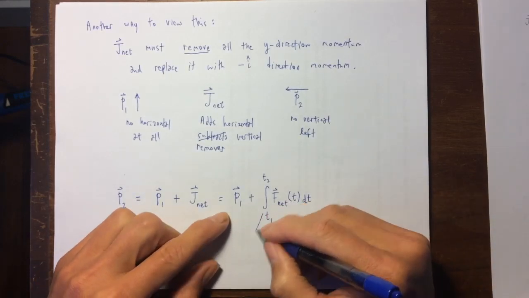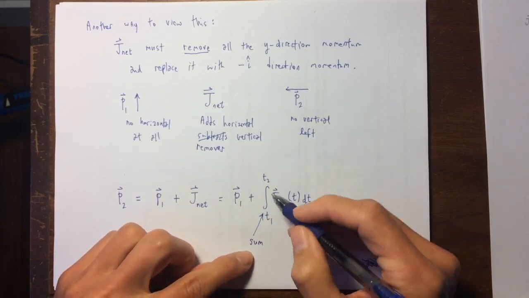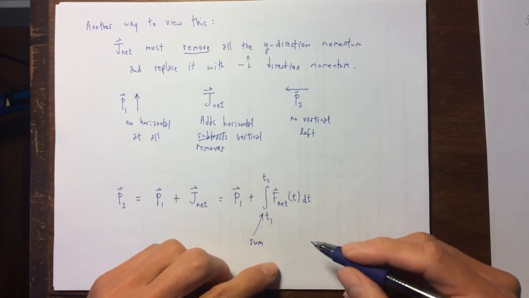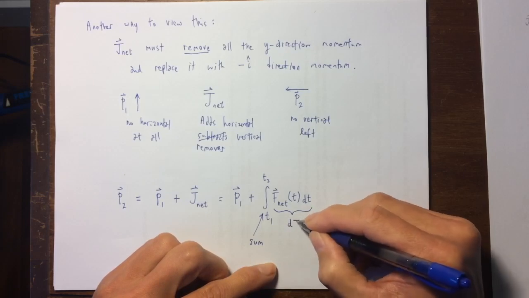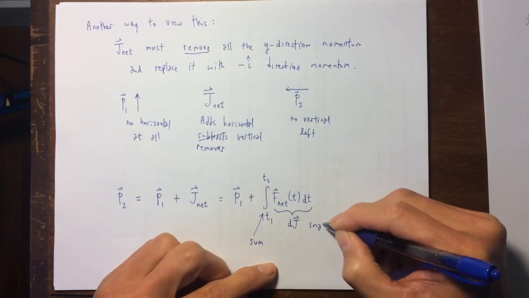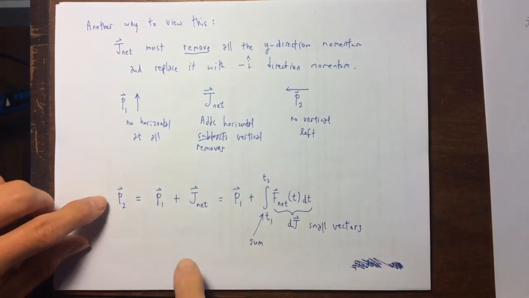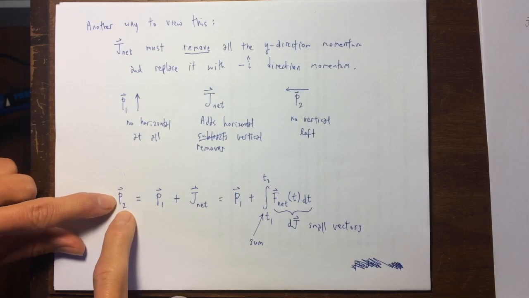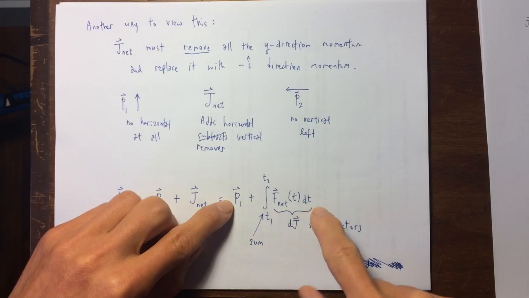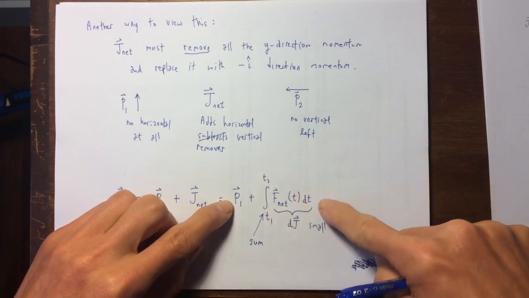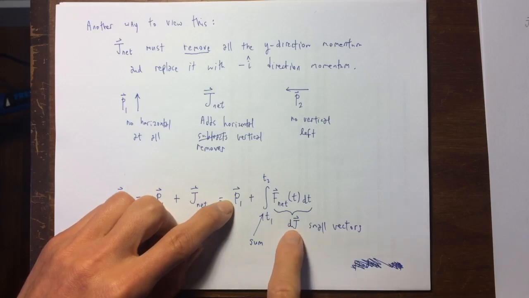So this is a summation instruction, right? That's what an integral does. And these things right here are small vectors. If you think about it, we are saying that our final momentum is equal to our initial momentum plus an infinite sum of really small vectors called dj.